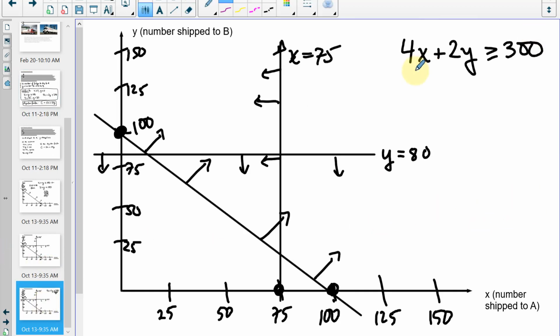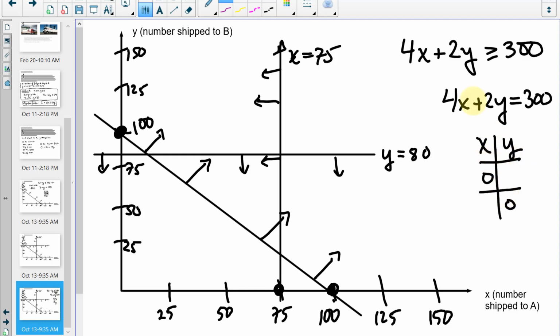Now, in actually graphing the constraint, what we do is start off with the boundary. The boundary is just the equation when it's equal. You get 2 points on that boundary line. Generally, finding the intercepts is a good place to start. So if I make x equals 0, the y is 150.